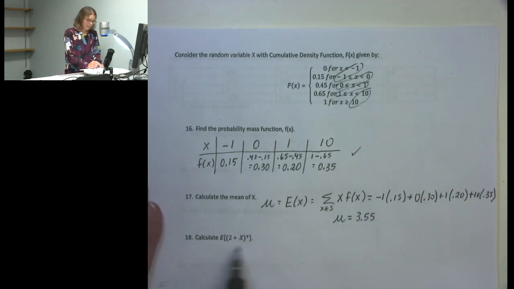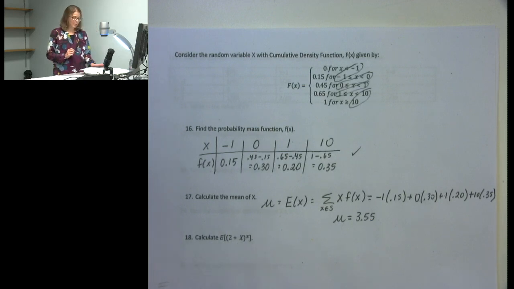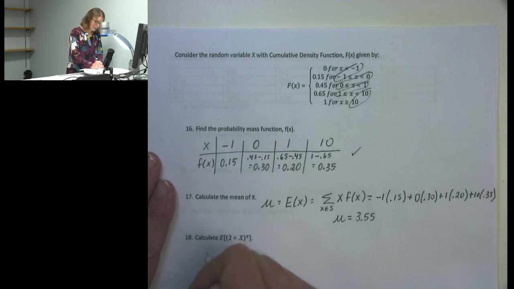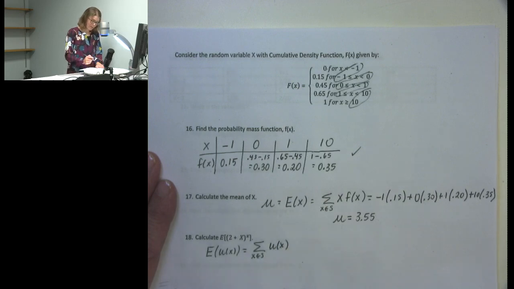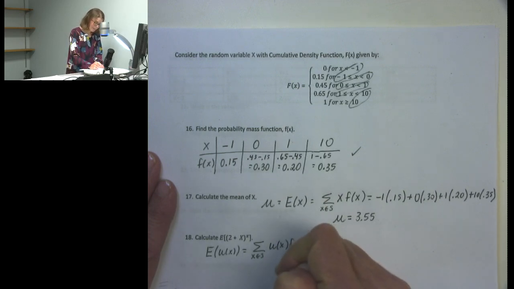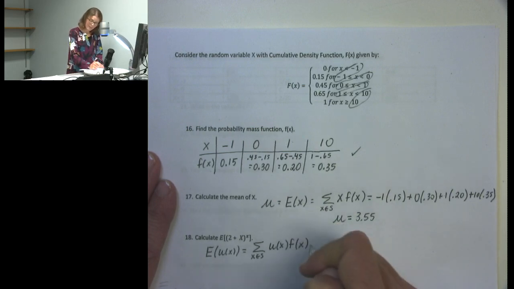And then the next thing we're going to do is calculate the expected value of (2 plus x) to the x power. Now remember, when I want to find the expected value of some function u of x, I sum for all of the values in the space of x my function u evaluated at the value little x times the probability that x takes that value, f of x.